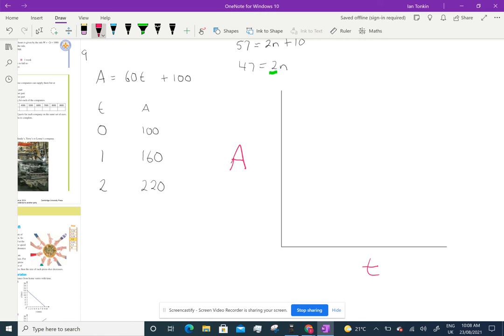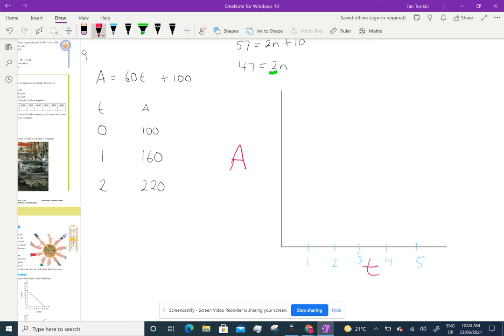This is the amount the architect gets paid, and this is how much time. So along the bottom, I'm going to have nice, easy 1 hour, 2 hours, 3 hours, 4 hours, 5 hours.